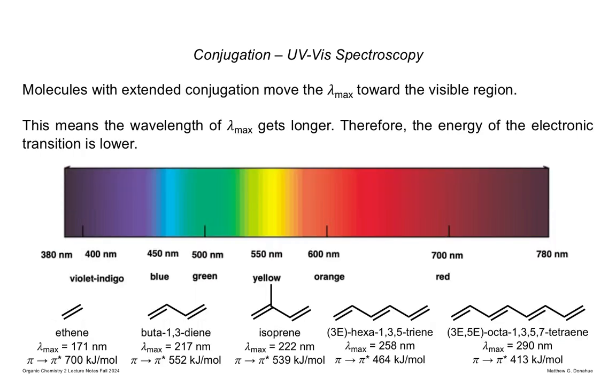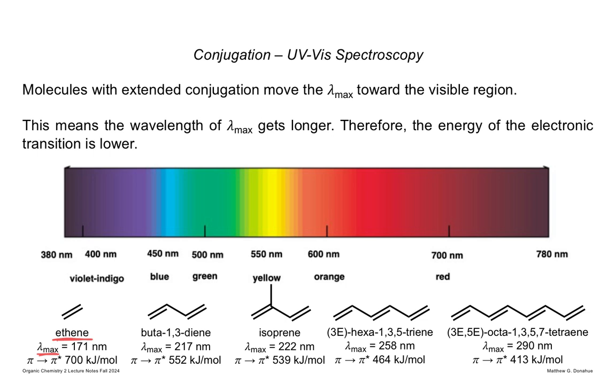So now this is where I was getting back to, talking about those numbers. So ethene, that's just 2 carbons with a pi bond. Notice what I'm saying, lambda max. The instrument is producing a curve, whatever shape it looks like.